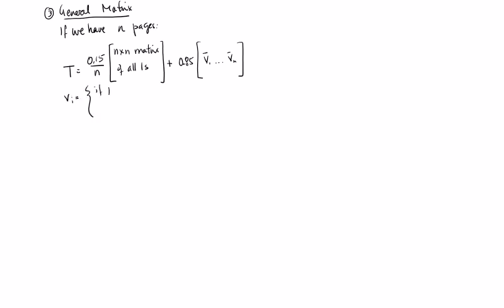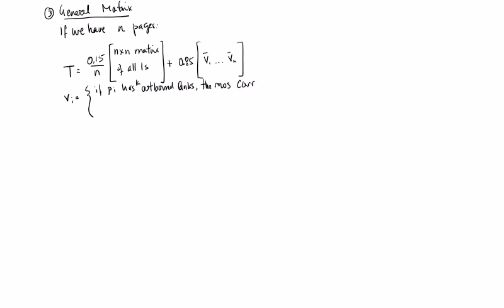So if page i has outbound links, let's say has k outbound links, then those targeted pages, or rather let me say it this way, the rows corresponding to those targeted pages is maybe a better way of putting it.